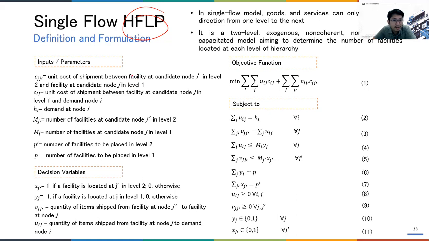Facility in level 1 is represented by J, candidate facility level 1, J. And then level 2 is J accent, J with the accent here.